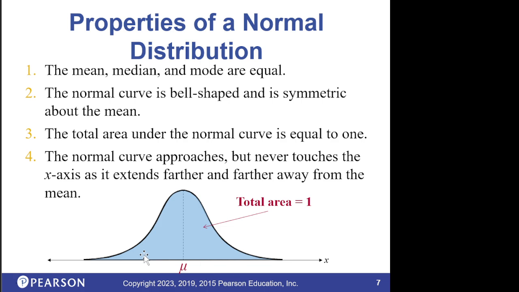So what's underneath this curve will cover every possible value that we can have. And where it's wider or thicker, if it's taller, there's more area or more probability of being in that area. The normal curve approaches the x-axis, but it never touches it. Even though in this graph it stops here, this line keeps going on. So this thing goes off to negative infinity and positive infinity.